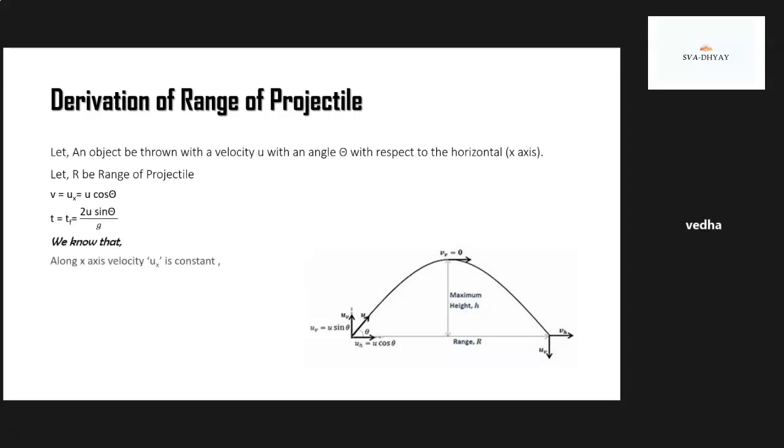We know that along x-axis velocity ux is constant, so s is equal to vt, or displacement is equal to vt. So R is equal to ux multiplied by time of flight. R is equal to u cos theta multiplied by 2u sin theta by g. So R is equal to u square sin 2 theta by g.